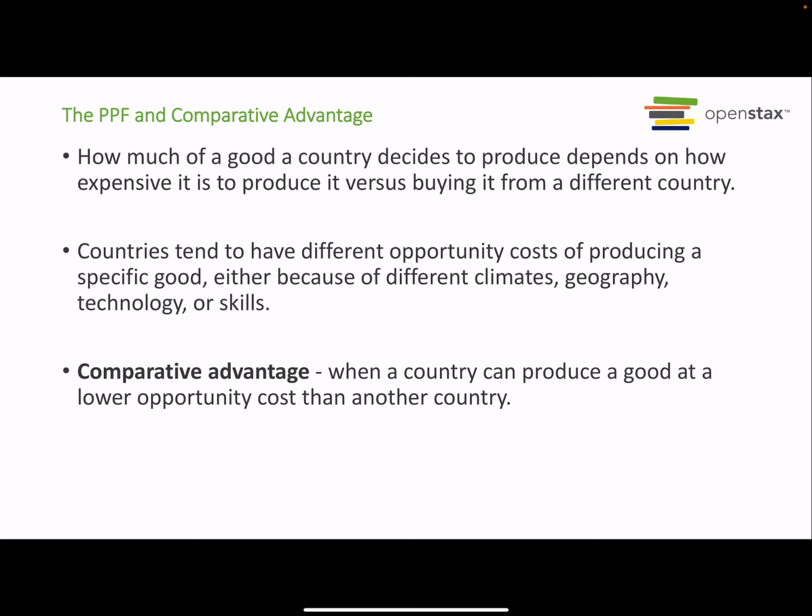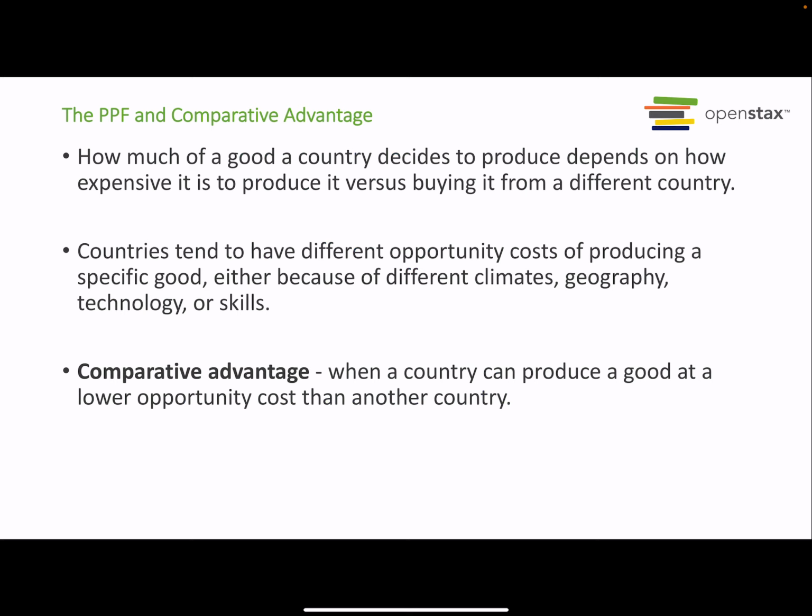Most of the continental United States is not the best climate for growing coffee beans. So we import those from other countries. So it could be based on different climates, different geography, technology, skills, natural resources. Those are going to determine the opportunity costs facing different countries in terms of production.